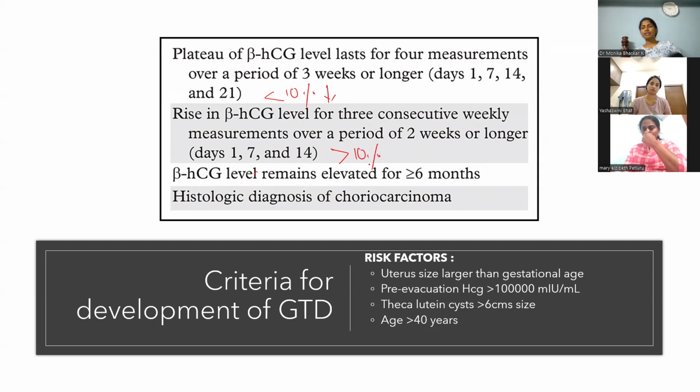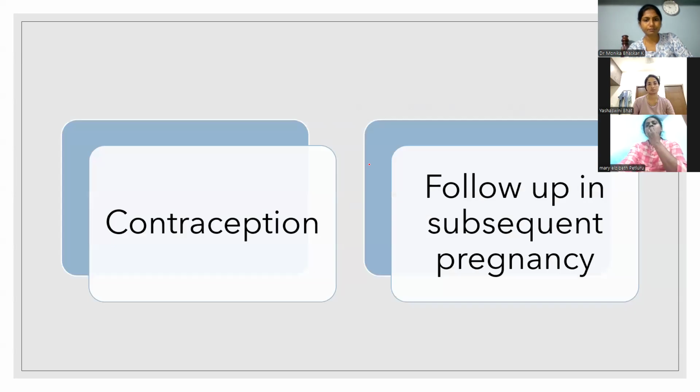So this is the FIGO criteria for development of GTN: either a plateau in 3 weeks, or a rise in 2 weeks, or persistence of high beta HCG at 6 months, or a histologic diagnosis of choriocarcinoma. These 4 criteria are the FIGO criteria for development of gestational trophoblastic neoplasia.